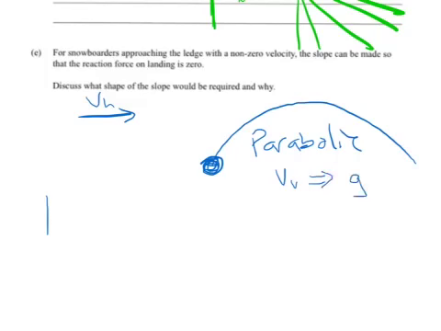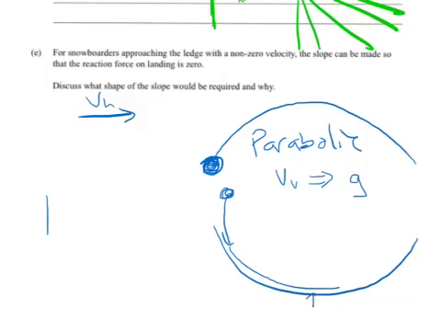And we have to apply basically the same but in reverse. So we're going to have a parabolic shape upside down, like a half pipe for snowboarding or skateboarding, which is designed to reduce the impact so you can get really high up in the air. Then when you come down, you gradually increase the reaction force.